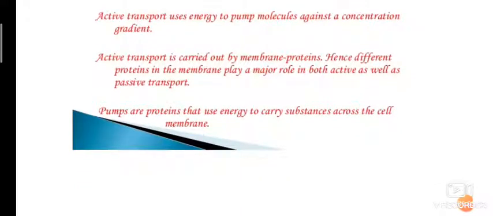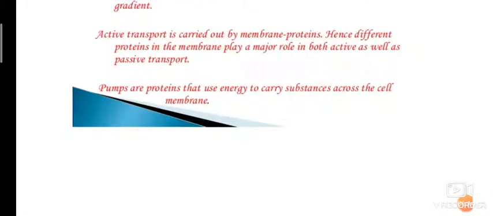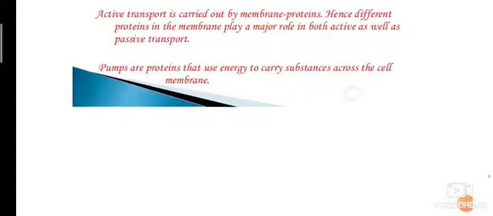Active transport is carried out by membrane proteins, hence different proteins in the membrane play a major role in both active as well as passive transport. Pumps are proteins that use energy to carry substances across the cell membrane.